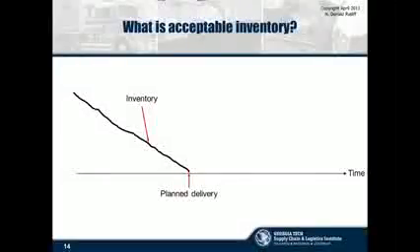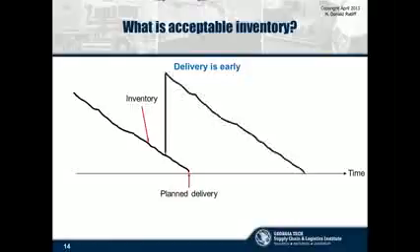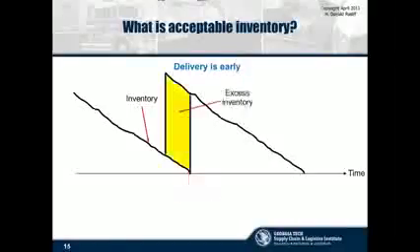There's also a question with regard to the inventory. One question is how often and for how long it's okay to be out of a product. And another is, what is acceptable inventory? Well, if the delivery is early, then the inventory gets there before I need it. And if it gets there before I need it, then that yellow part is inventory that I don't need. I needed it to come in when I ran out.